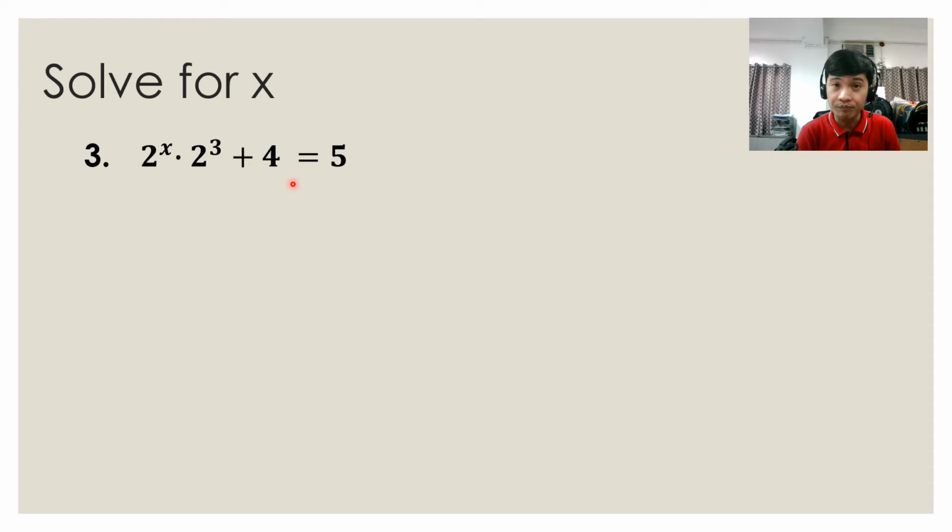Kailangan same ang base nila so that we can be able to bring down their exponent and then we can start solving. Okay? So in this case, kung ating pong i-analyze yung ating example number 3, ito pong 2 raised to x times 2 raised to 3 ay pwede nating mapasimple gamit ang isang rule sa laws of exponent. Anong rule yon? Yung product rule. Ano ba sinasabi sa product rule?